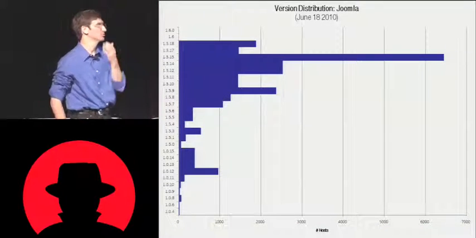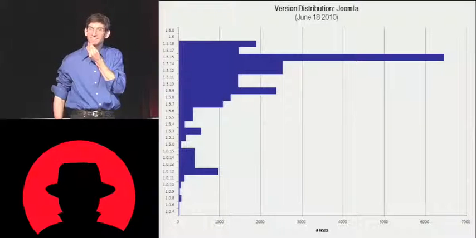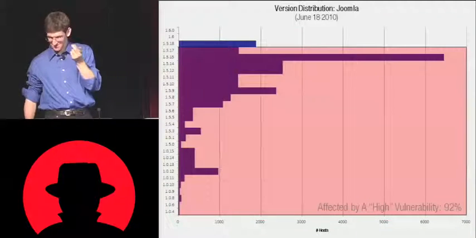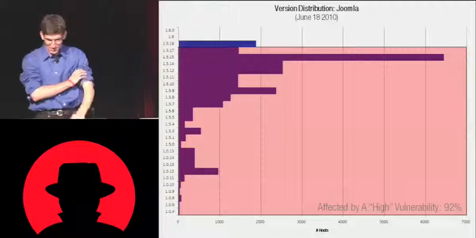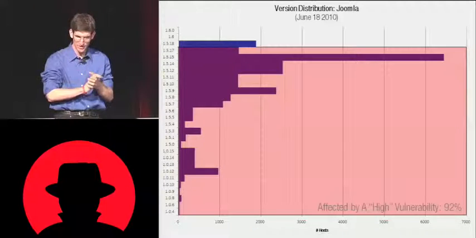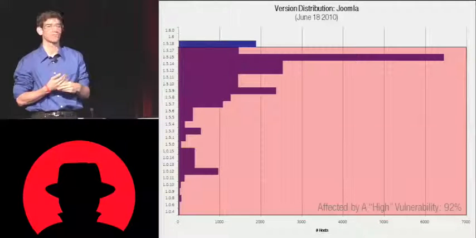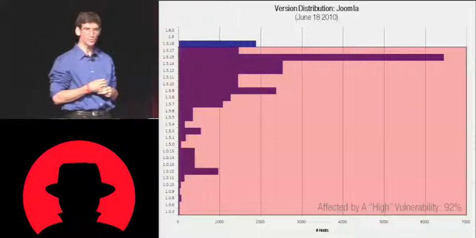All right, how about Joomla? Less than 50%? Somebody, I heard 90? Nice. 92% of Joomla users out there are running a version that is affected by this vulnerability or something farther down the line, which is just astonishing to me. And these are well-known published vulnerabilities.